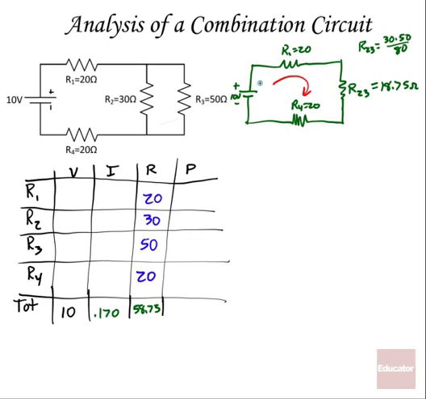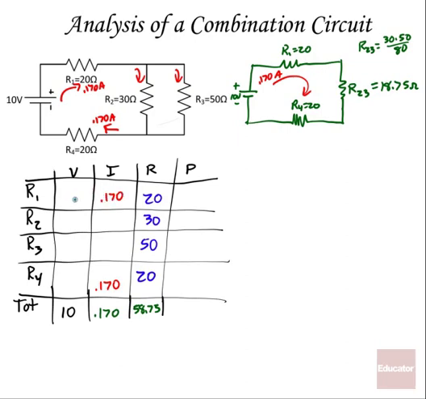It all goes through R1. It's going to split here, but as it comes back through R4, we have the total current again, 0.170 amps. So we can fill in 0.170 here, and we can fill in 0.170 here.